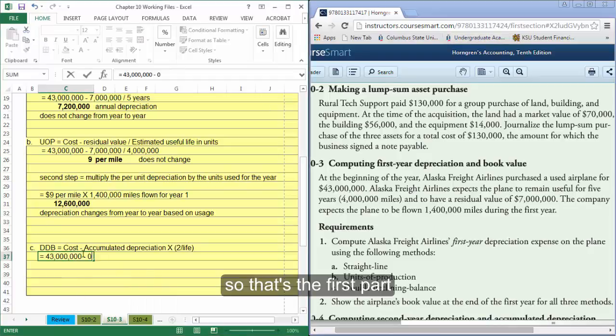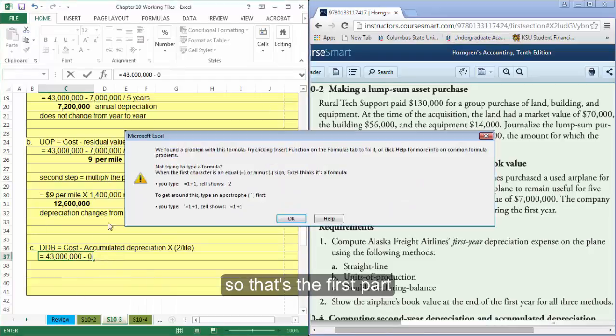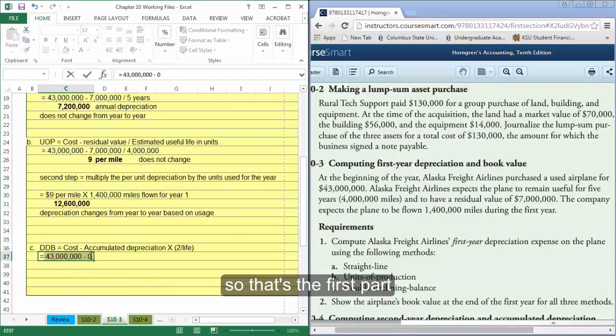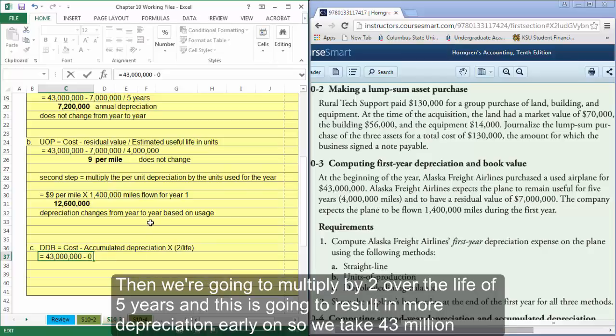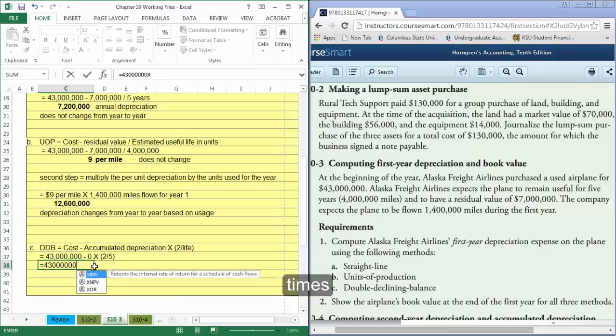That's the first part. Then we multiply it by 2 over the life of 5 years, and this results in more depreciation early on. Essentially we take 43 million times 2 divided by 5.